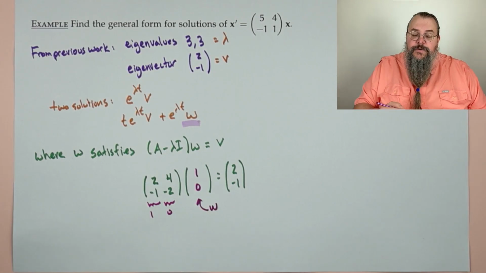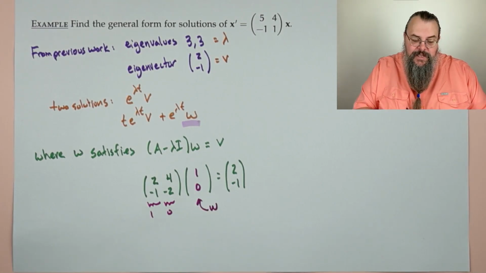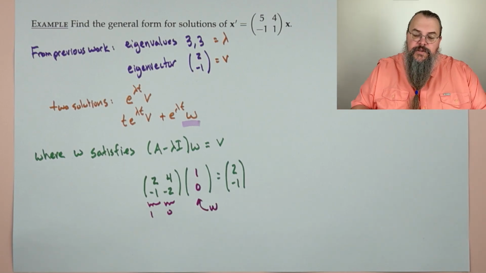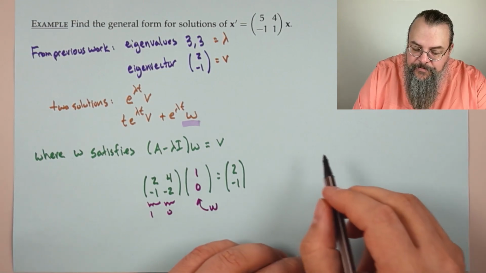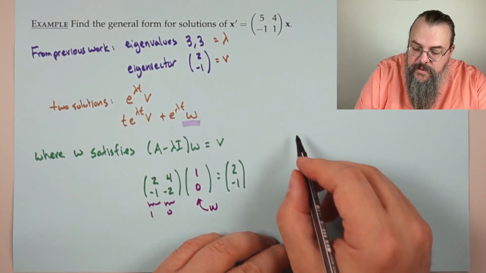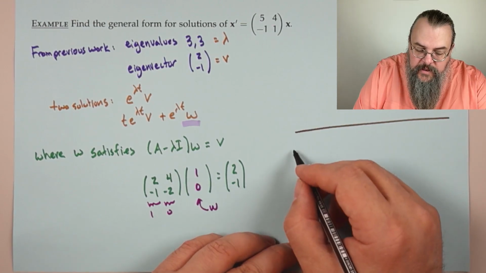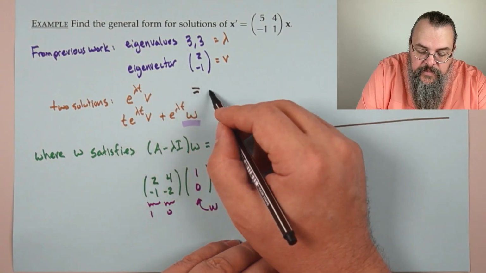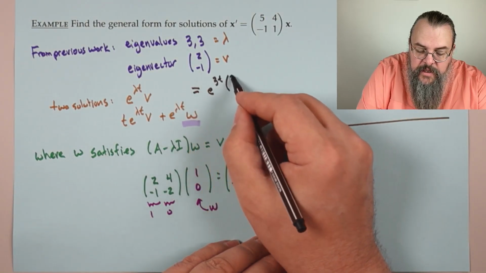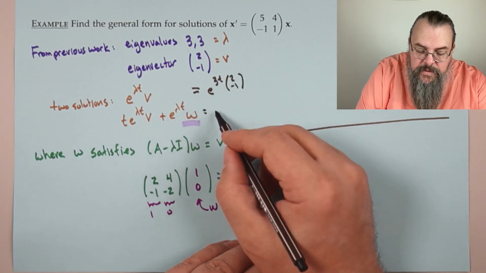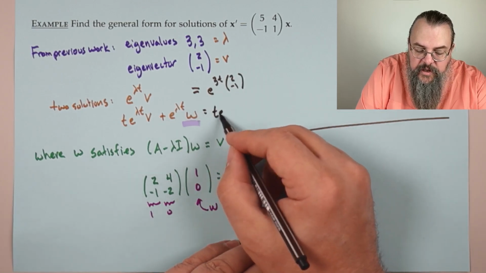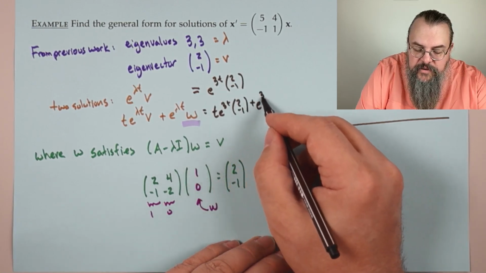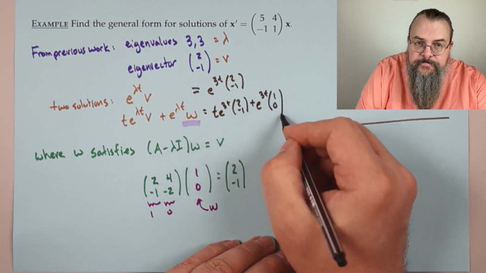And now we have our solutions because we have our pieces. Because we've done all the work, we talked about the theory, now we're ready to write our answer. So we have the following. We'll take our two solutions and rewrite them here. So this would be e to the 3t times 2, minus 1. And this one would be e to the 3t, 2, minus 1, plus e to the 3t times 1, 0.